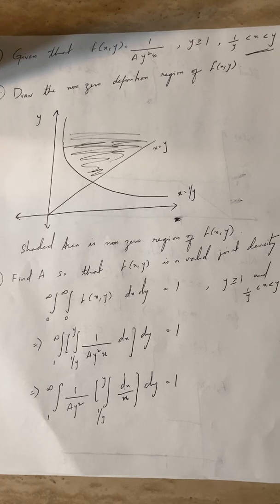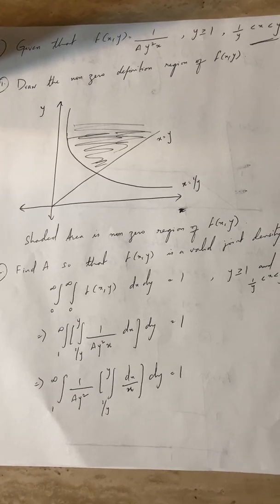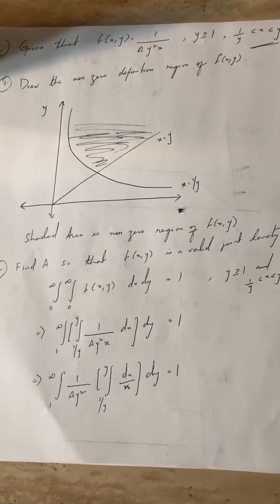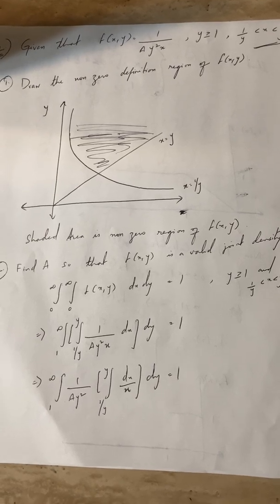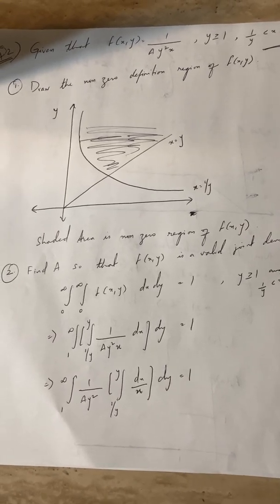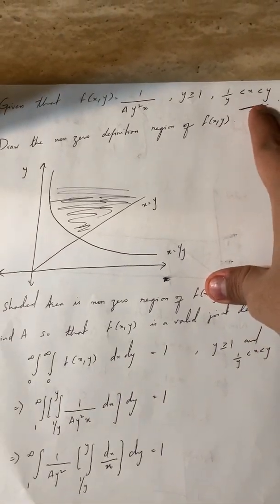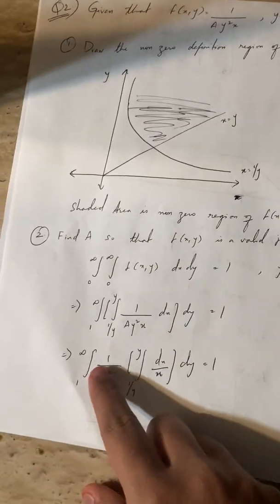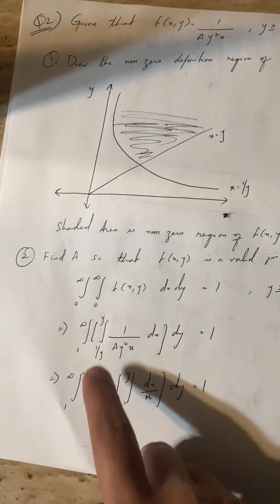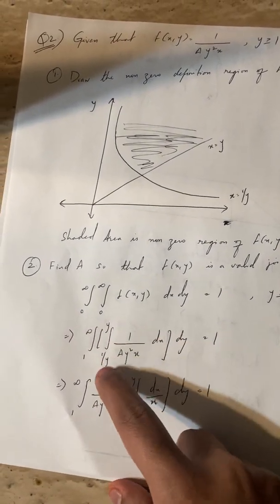I've substituted the joint density function, 1 by a y square x, and x ranging between 1 by y and y, so the limits are 1 by y to y. So I've calculated this area.